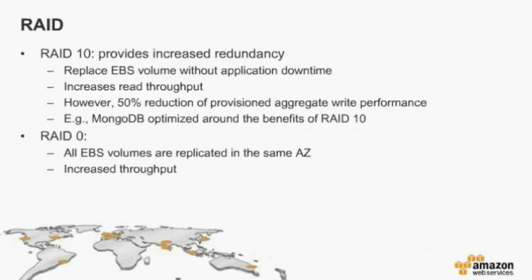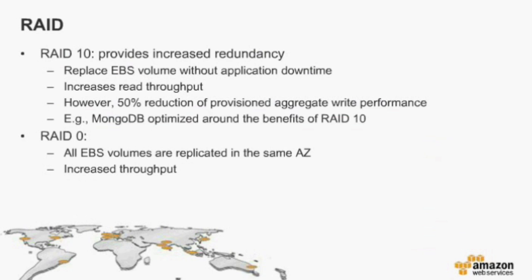Now, RAID 10 has a minimum of 4 disks because you're creating a striped set and then mirroring that striped set. So RAID 10 allows you to take an individual volume that fails and while still using the system, move that disk out of rotation and move a new EBS volume in.